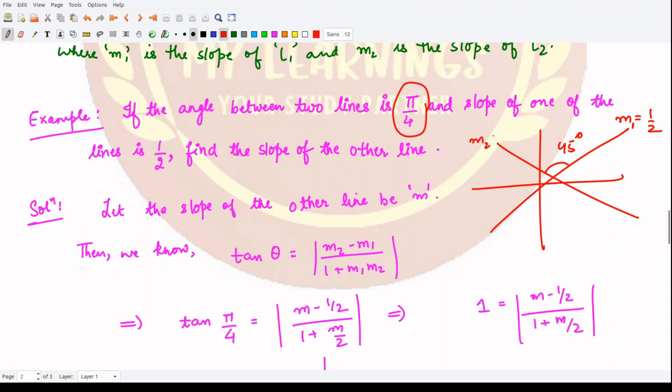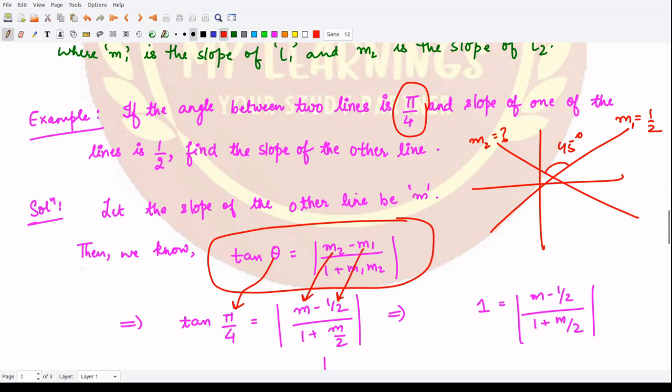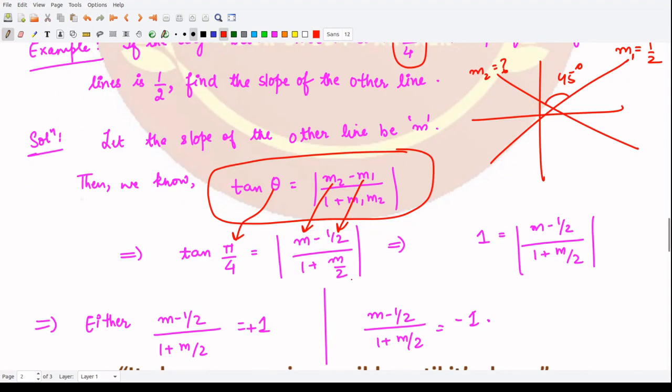You need to find m2. So you know this formula. Here you can substitute the values of theta; suppose your m2 is m and your m1 is given to be 1 by 2, then you can simplify this.